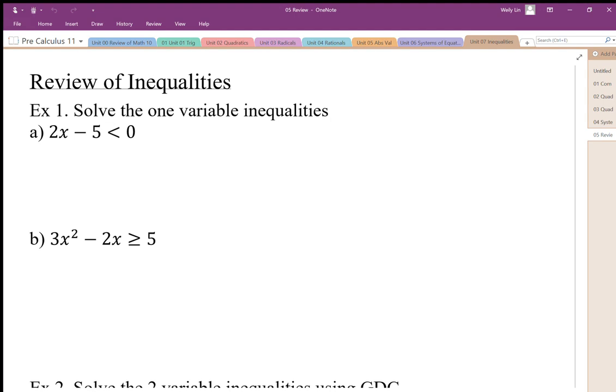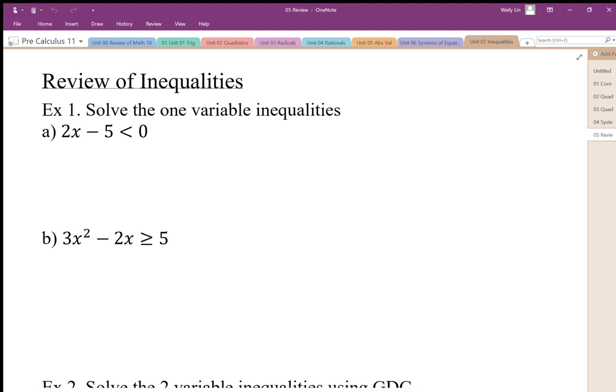So let's do some of these problems. Here is a one variable inequality. We can graph this. We have 2x minus 5, and we want to know the boundary, and where the graph is below 0.